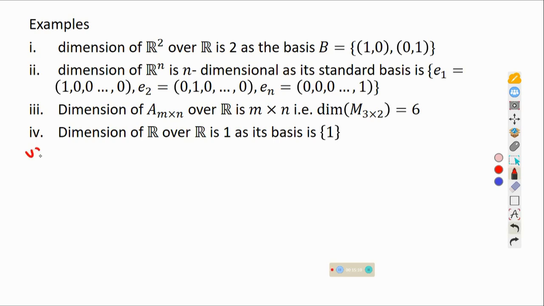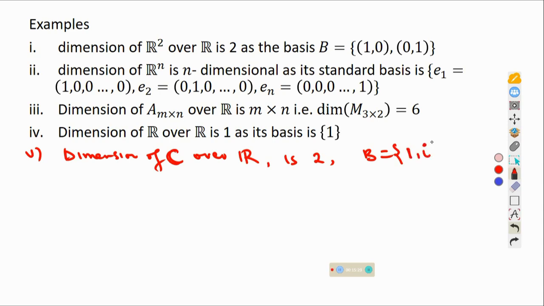Other than that, we can also talk about, for example, the dimension of the complex space. If you consider the dimension of C over R, it is 2. And what will be the basis? The basis will contain 2 elements, that is 1 and i. So that will be the basis of C over R. But as we said, if it is C over C, then it will be 1.